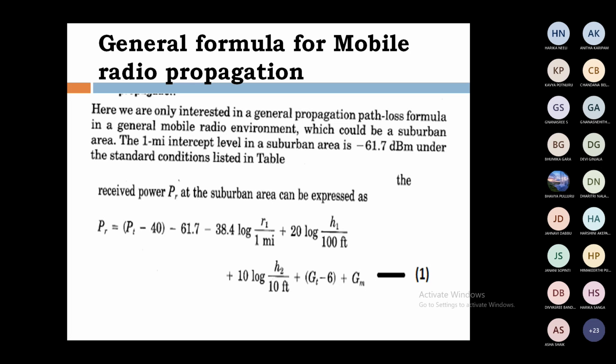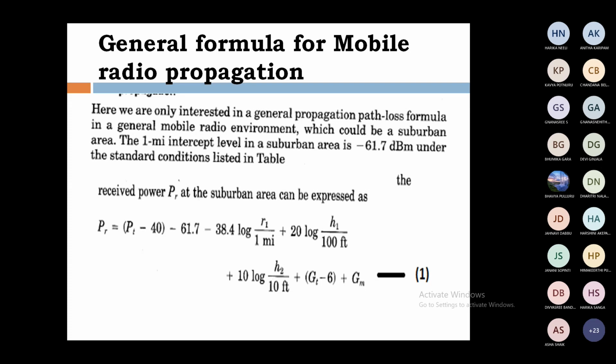That is, PR is equal to PT minus 40 minus 61.7 dBm for suburban area, minus 38.4 log R1 by 1 mile plus 20 log H1 by 100 feet plus 10 log H2 by 10 feet plus GT minus 6 plus GM.